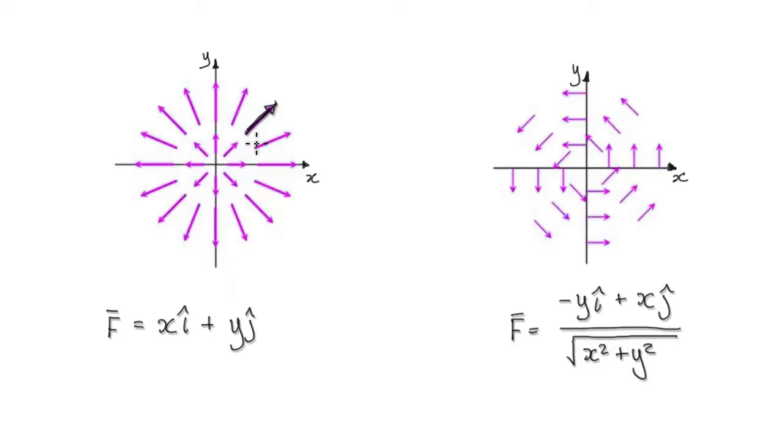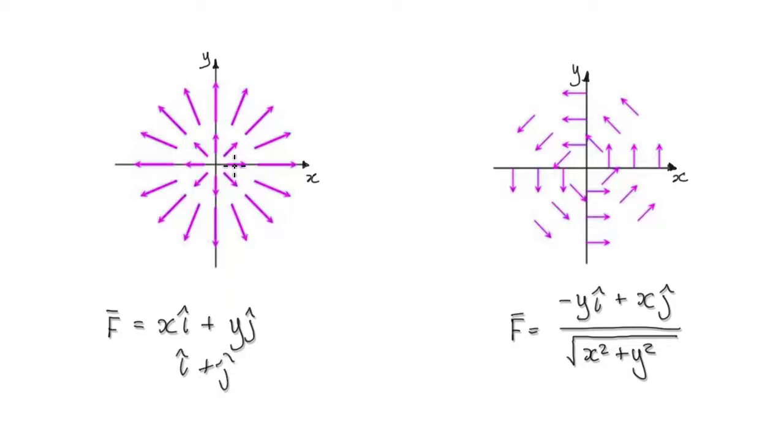What that means is if you're currently here, you're going to be pushed in this direction by this amount of magnitude. So it's going to be strong here and then weak here. For example, if you're currently here, let's just say this is 1, 1, then put this into the x, put this into the y, and it will give you this vector, 1i plus 1j.